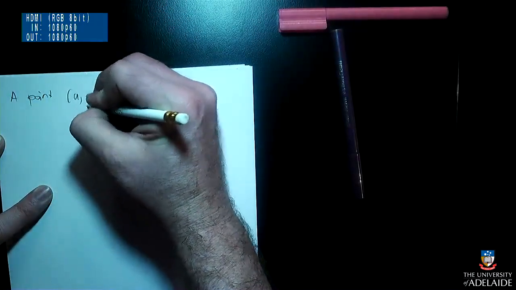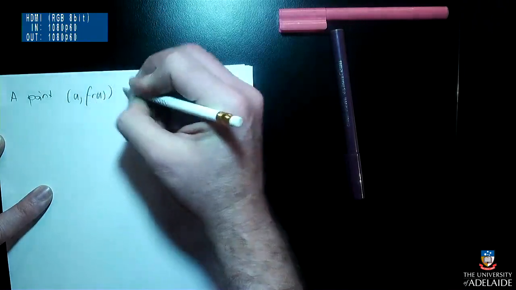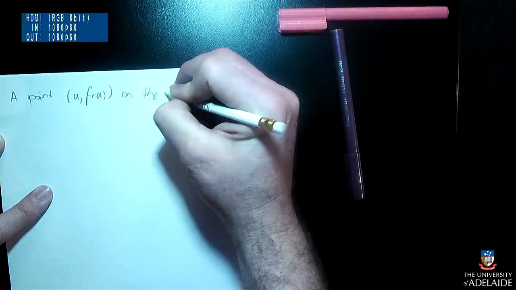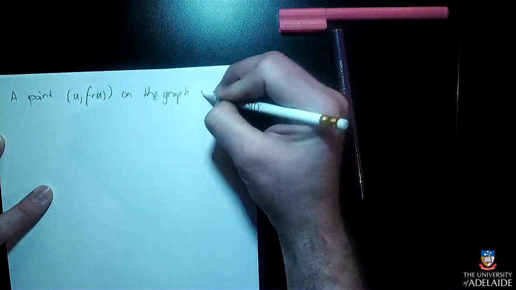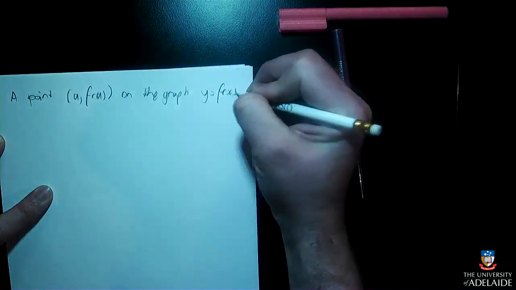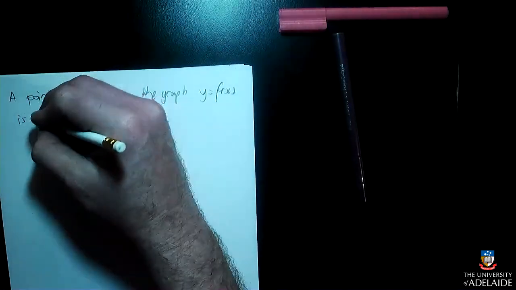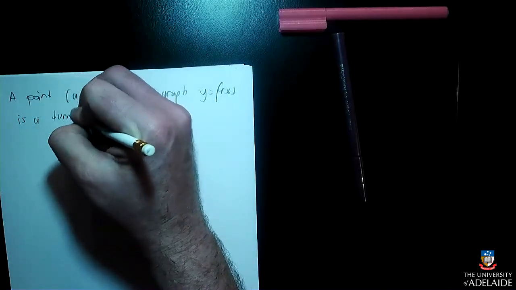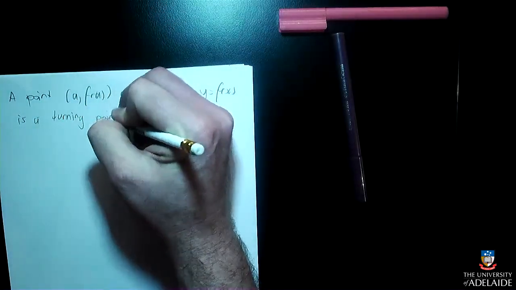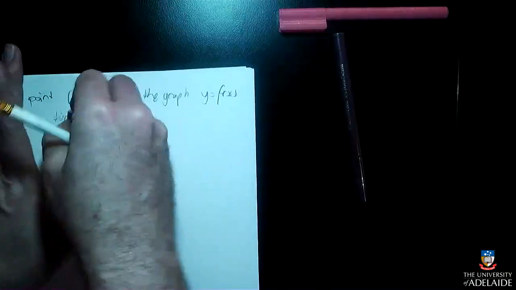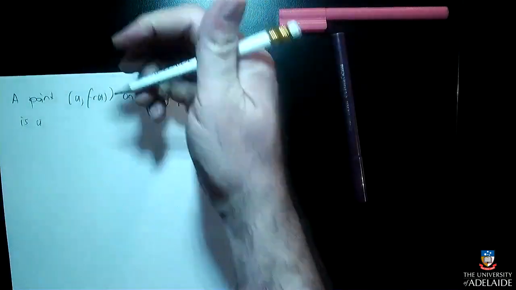A point (a, f of a) on the graph y equals f of x. So it's actually a point on the graph. Is a TURNING POINT. Oh, I should put that in capitals so that it looks important.